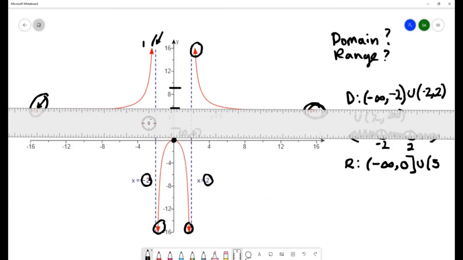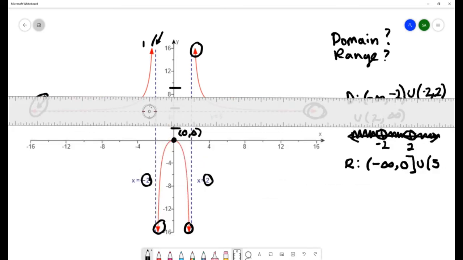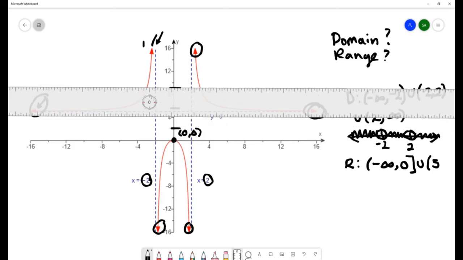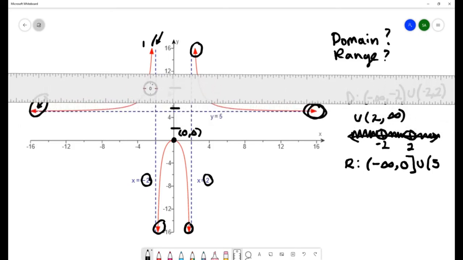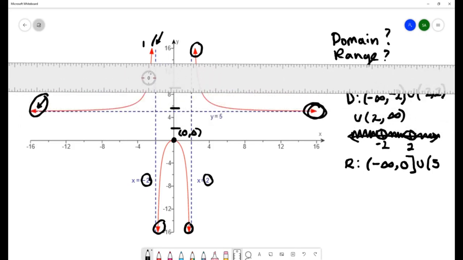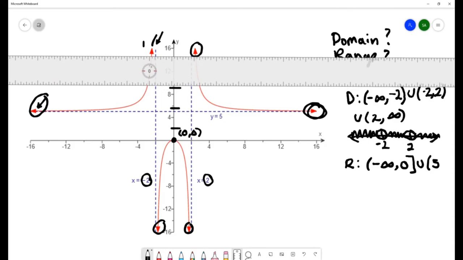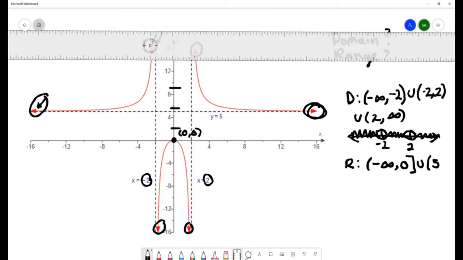So then I'll continue moving my ruler up. I can see that my ruler is touching the graph, so all of these y's are included in the range, and those arrows indicate that the graph will continue to go up and up and up forever, meaning that there's no highest y value, and that means that we're going to stop our interval at infinity.